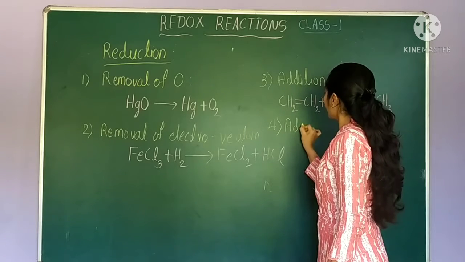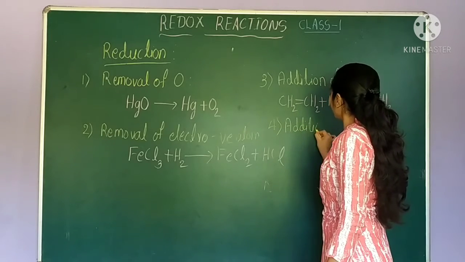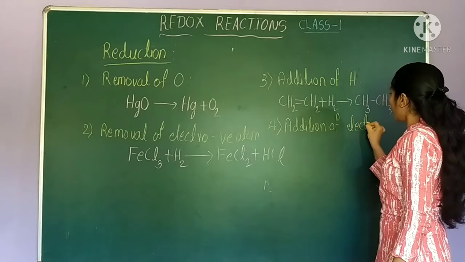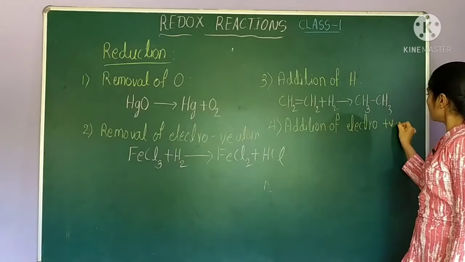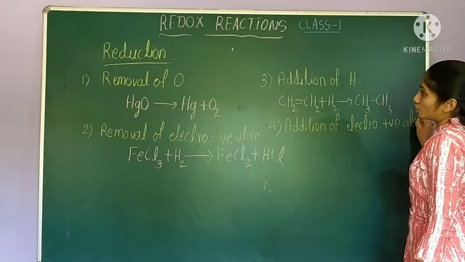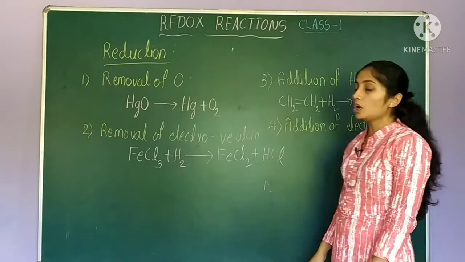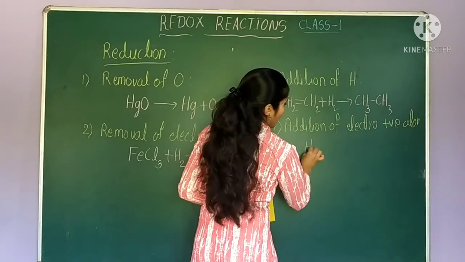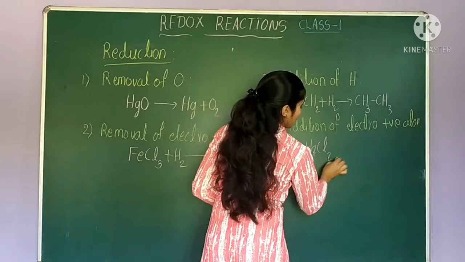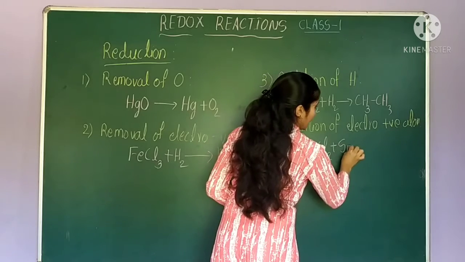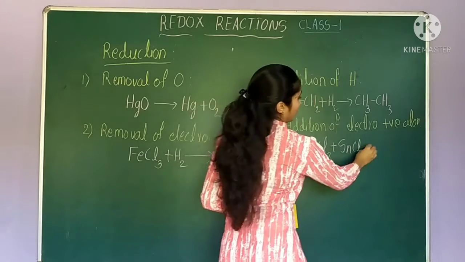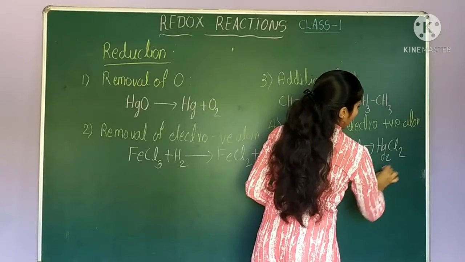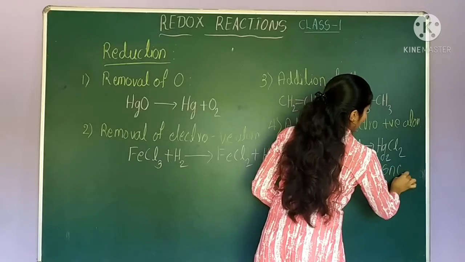Next, the fourth definition is addition of electropositive atom. Addition of electropositive atom is also reduction. You can take the example of HgCl2, which reacts with SnCl2 and forms Hg2Cl2 plus SnCl4.